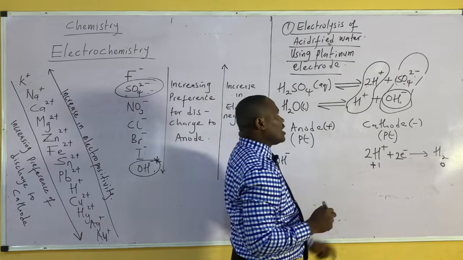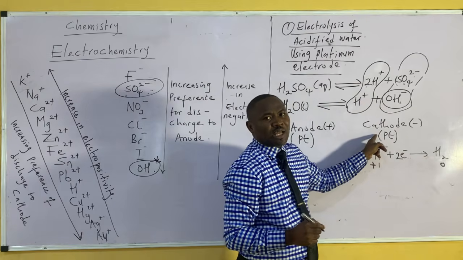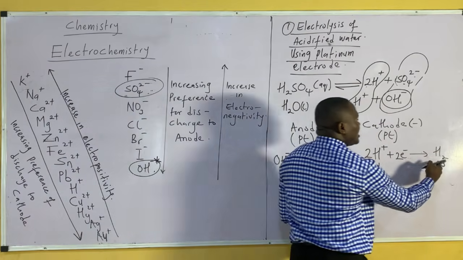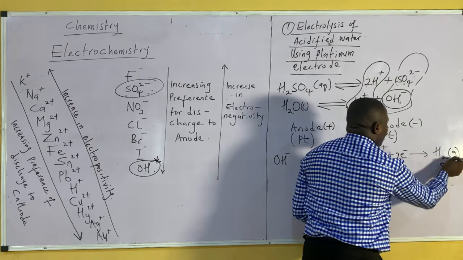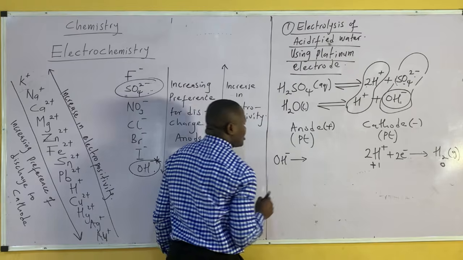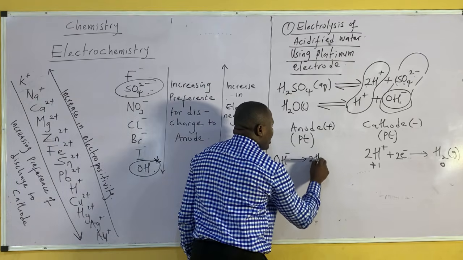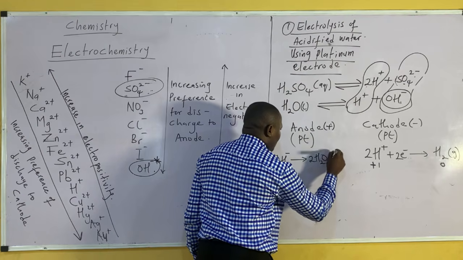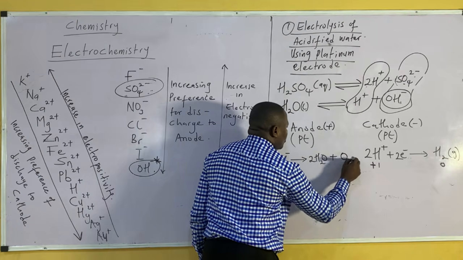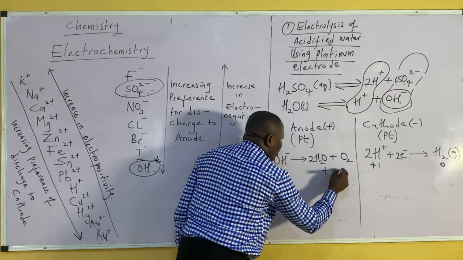So it means hydrogen ion is preferentially discharged at the cathode and is given up as hydrogen gas. But coming over here, I have OH-. OH- would definitely now become 2H2O plus O2 plus 4e-.